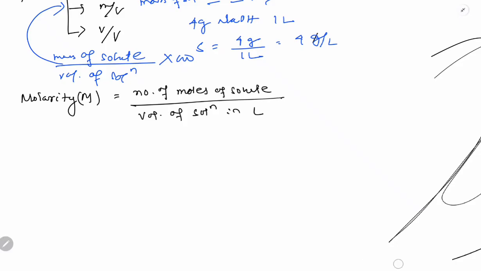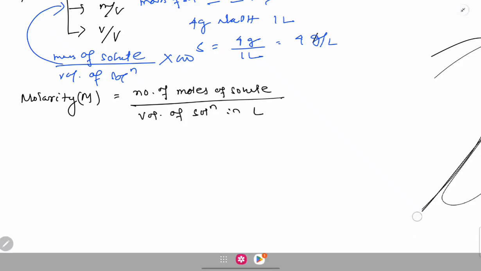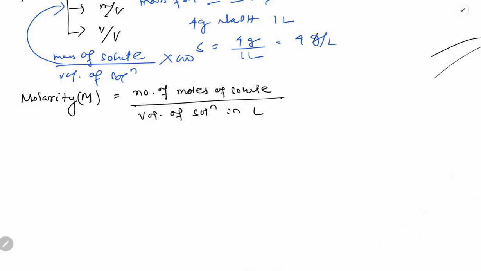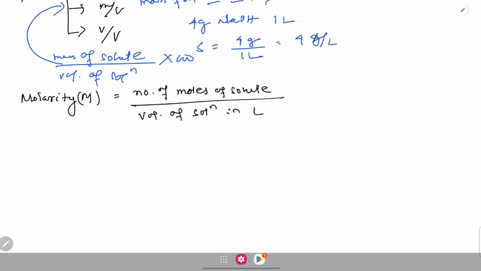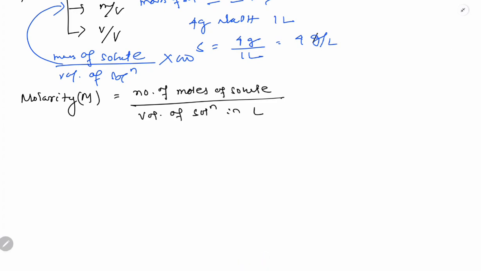If the volume is not given in liter, then we can convert it into liter. Now what will be the formula? Always remember, here 1 will be denoted as solvent and 2 will be denoted as solute. That's why I am taking number of moles of solute as n2 by volume of solution V, and normally volume is given in milliliters.